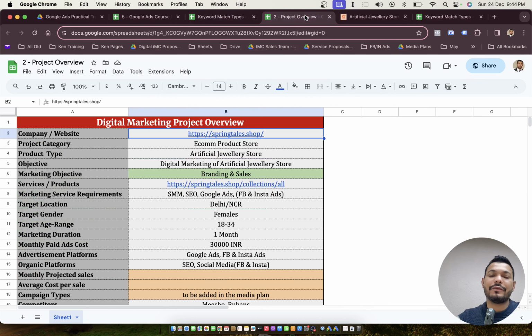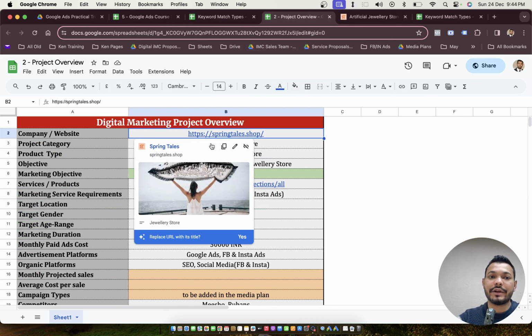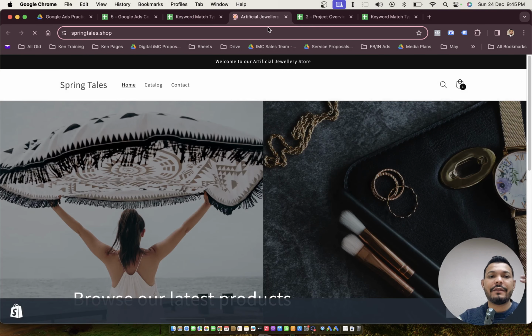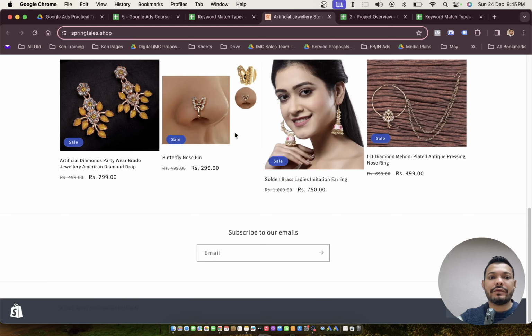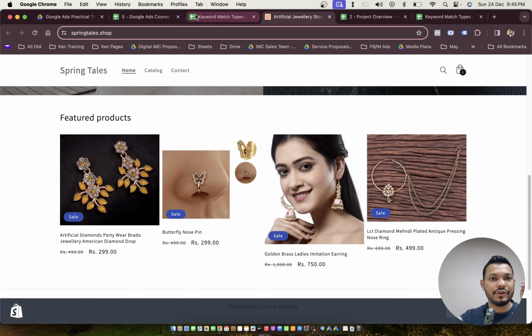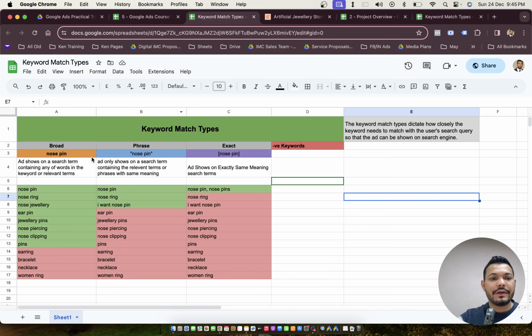Now let's try to understand this from the perspective of our own project. This time we are talking about the project which is Springtails shop. You know it already. And in this shop, we are actually selling artificial jewelry products, right? Which means even if we have the term nose pin in phrase match as a keyword, our ads can still be shown to someone who is typing gold nose pin.